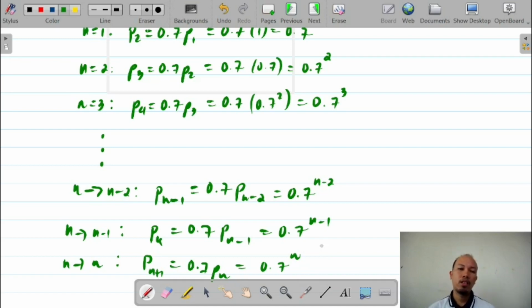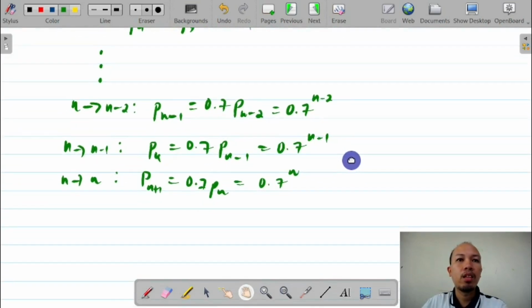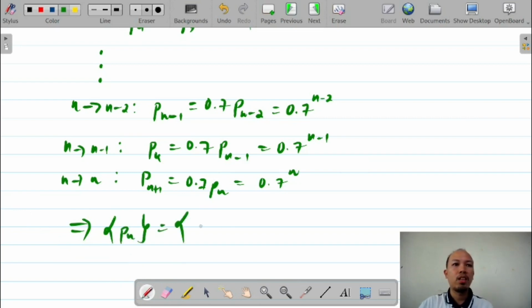Okay, so our sequence, as you can see here, p sub n is equal to 0.7 to the n minus 1.